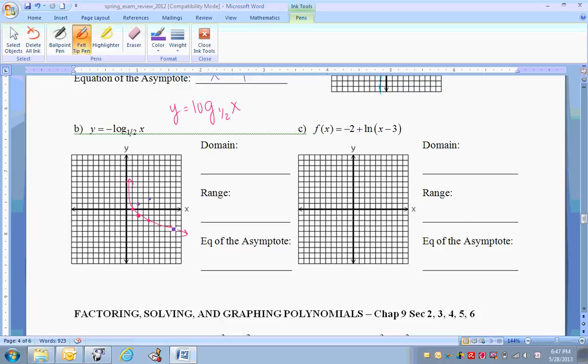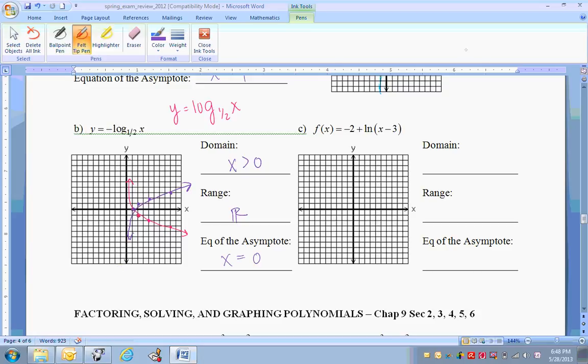And when I do that, I end up with that purple graph. In my domain, all my x values are greater than 0. My range is all real numbers because it's going to keep extending up and down. And the equation of my asymptote is x equals 0 because that's the line that my graph will never touch.